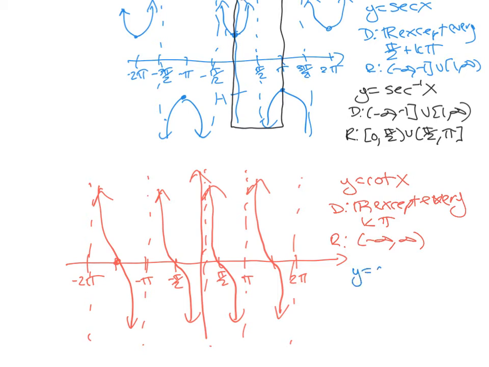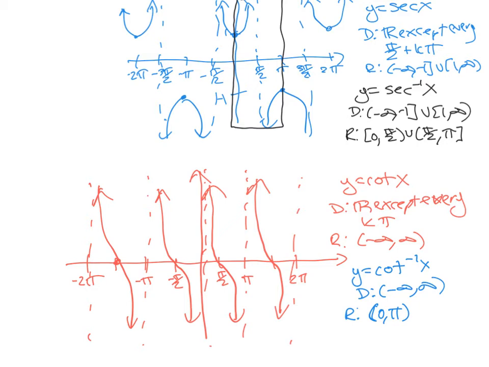If we talk about the inverse cotangent function, the domain is everything, and the range is going to be 0 to pi exclusive, because it's undefined at 0 and pi. So that's the one that just doesn't follow its reciprocal in terms of the range.